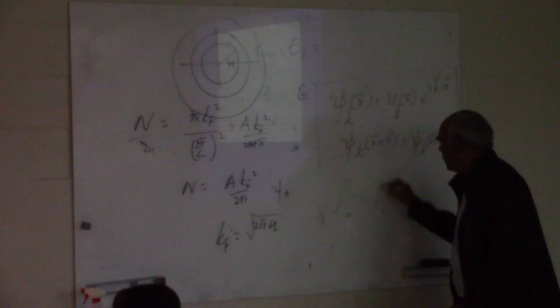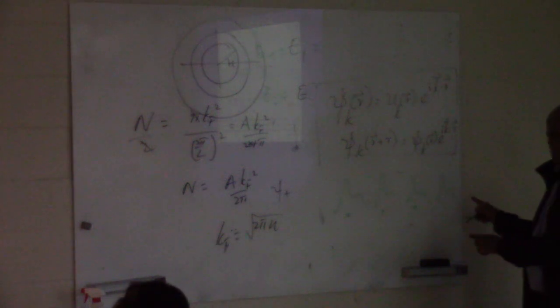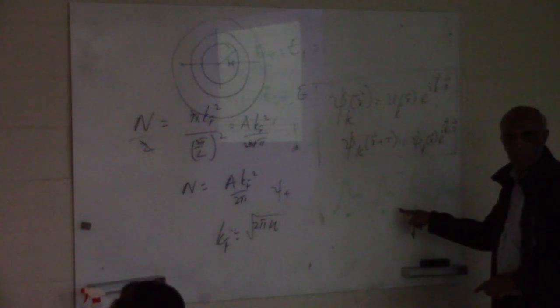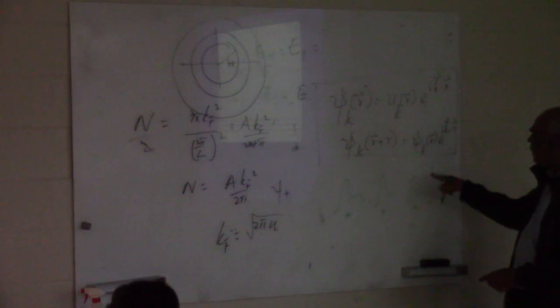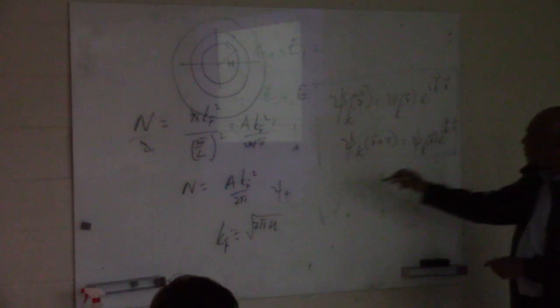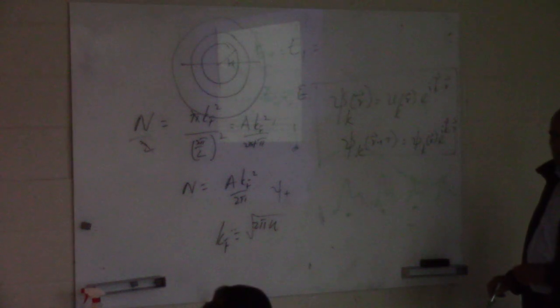It can be something like this. Same periodicity: if you go from x to x plus a, you should have the same periodicity. If you go from here to here, you should have the same thing. Then this should be multiplied by a running wave, right?